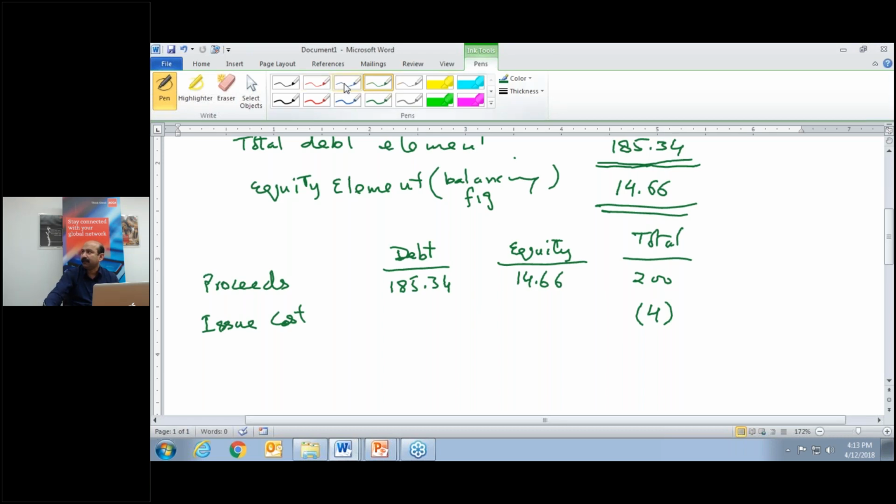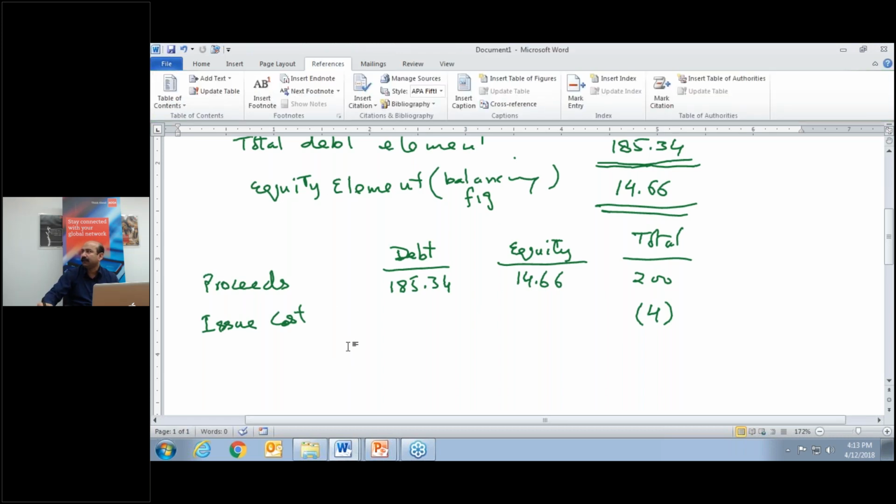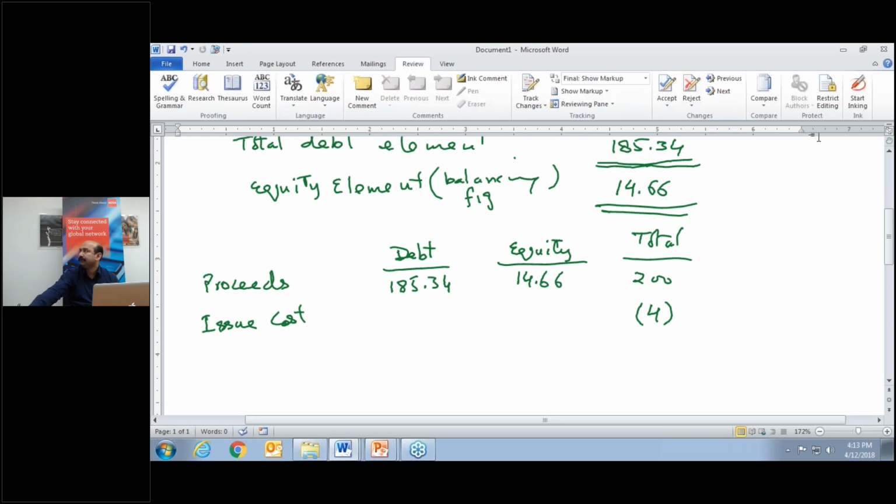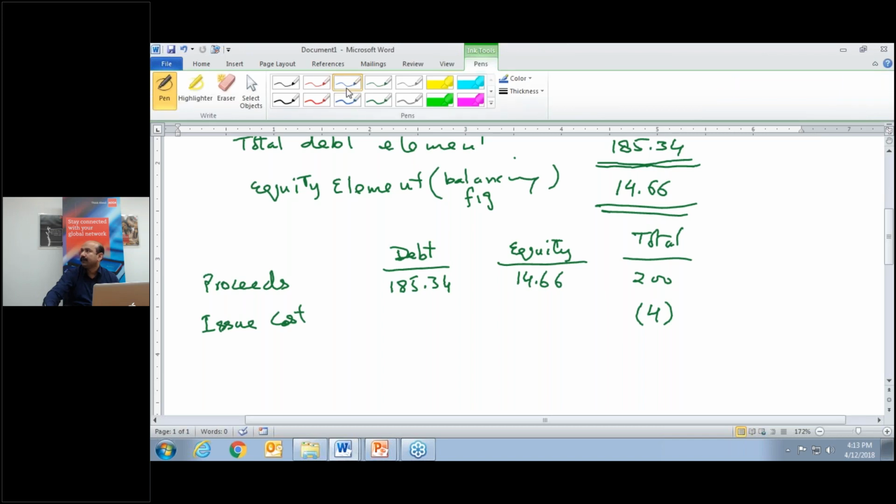For example, how can we calculate? For debt, if I mention here A, and for equity B. So what is A in fact?